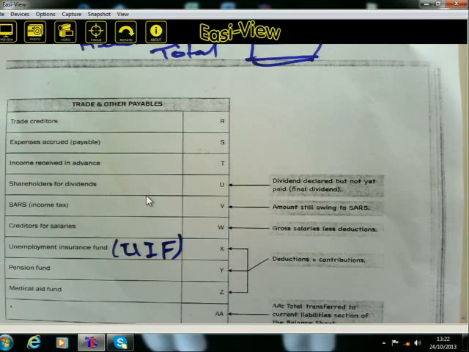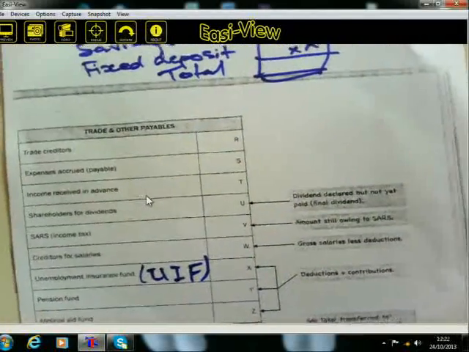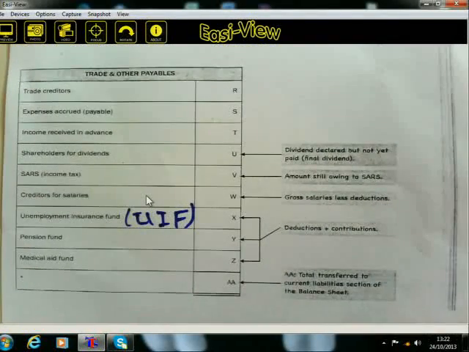Now, learners, I think I've tried to explain the notes. We have other notes, so the most important notes are the ones that I refer to. There's no way that you can be asked to prepare all the notes. But the most important ones are the fixed asset note that I've alluded that May did yesterday, and the one that is more challenging to our learners, you go and practice it, the trade and other payables and the trade and other receivables.